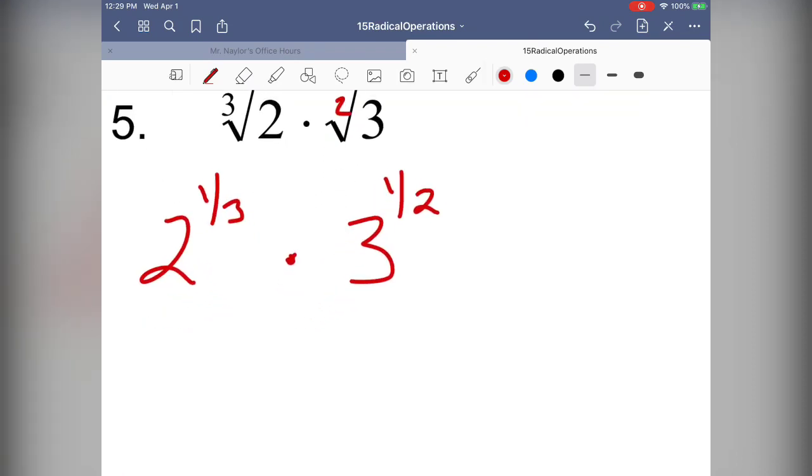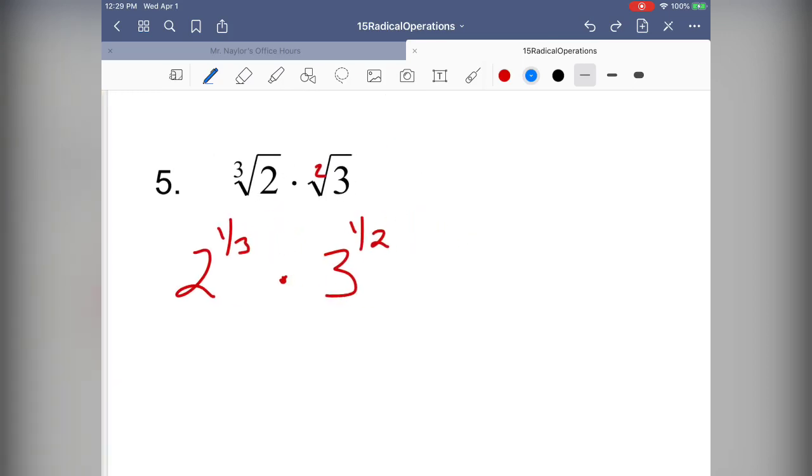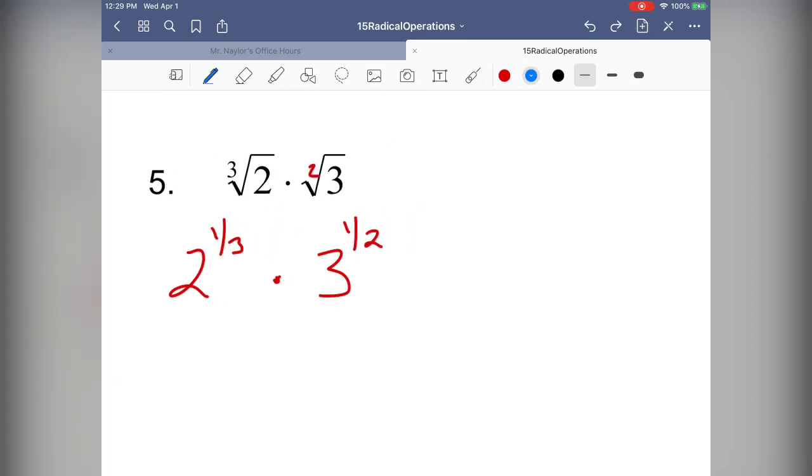Now, you still don't want to do something silly like try to multiply 2 times 3. You still don't get 6. But what I can do is make these rational exponents have the same denominator, and then there will be something we'll be able to simplify. So 1/3 and 1/2, can I make them the same denominator?